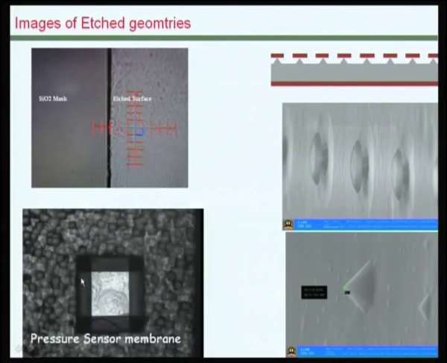What you see here is a cavity formed below the diaphragm of a pressure sensor. In a pressure sensor, these diaphragms are stretched when pressure is applied. So, it has to be uniform and thin.